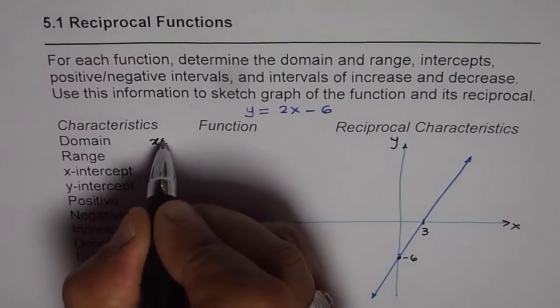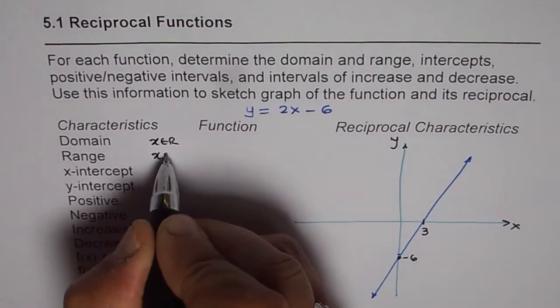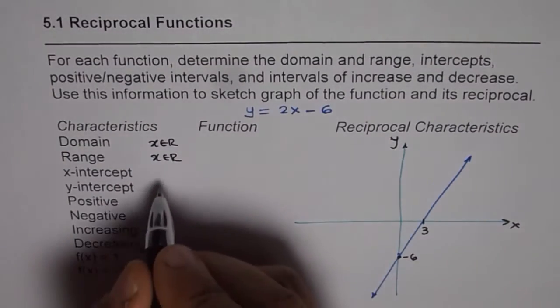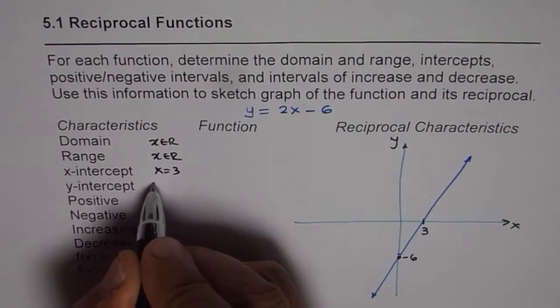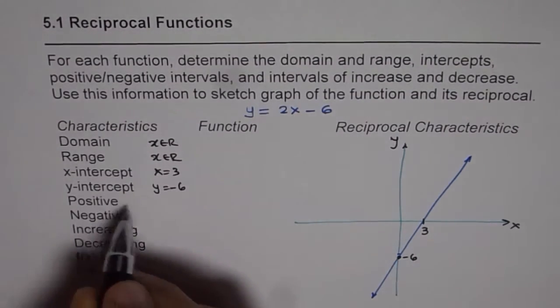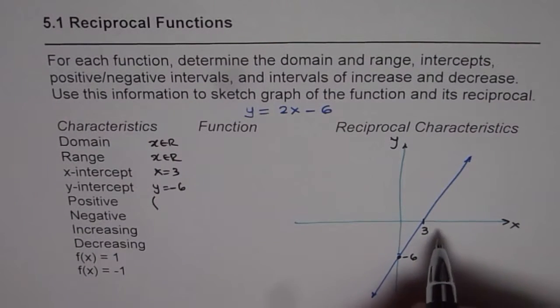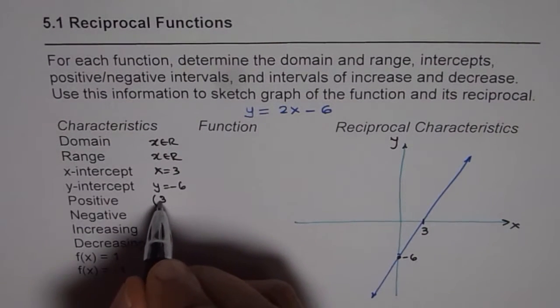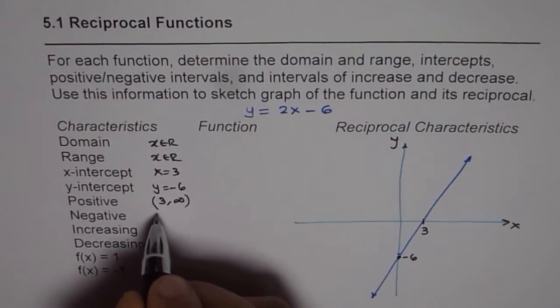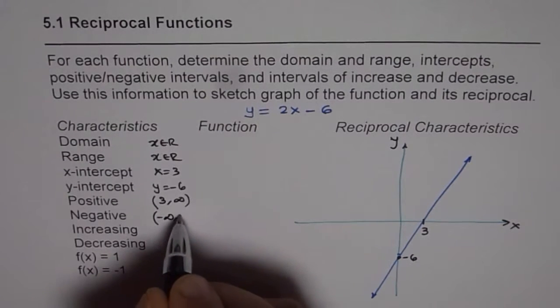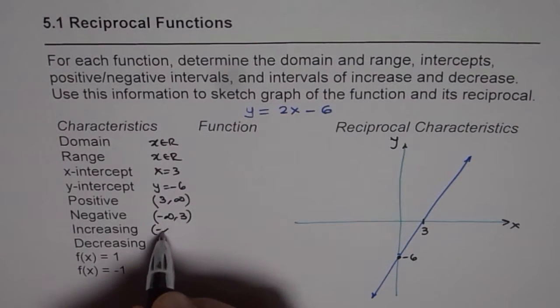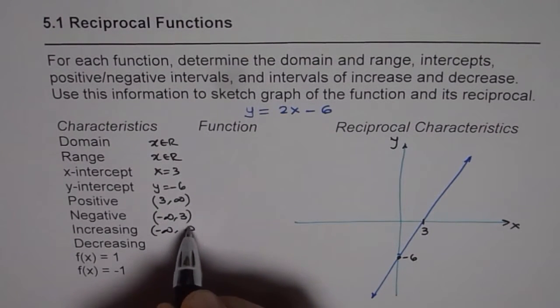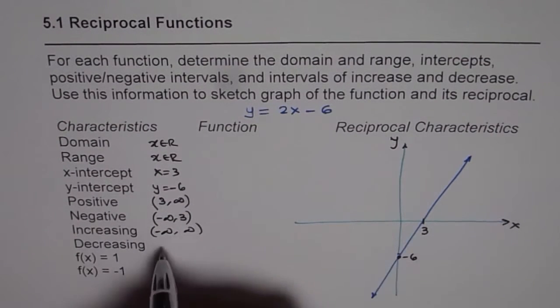Domain is x belongs to real numbers, range is y belongs to real numbers, x-intercept is at x equals 3, y-intercept is at y equals minus 6. It is positive in the interval from 3 to infinity, okay. It is negative from minus infinity to 3. The x values you have to write. It is increasing from minus infinity to plus infinity. It is never decreasing, right?